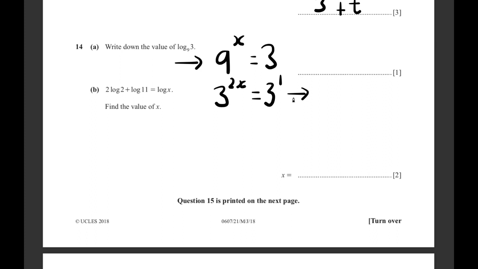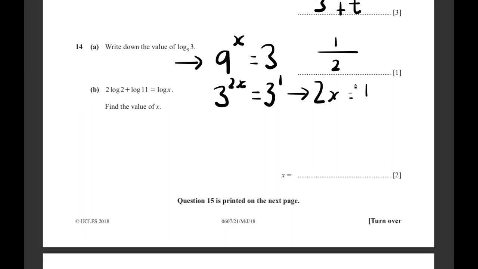Therefore, these two things here have to be the same. Therefore, 2x is equal to 1. Now, I'm sure some of you noticed the answer immediately from this step here already, but this step is quite a nice one to do as well. If 2x is equal to 1, then x is equal to a half, or 0.5. Okay, and we've got our answer there.